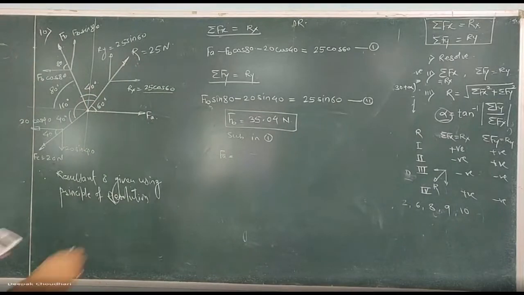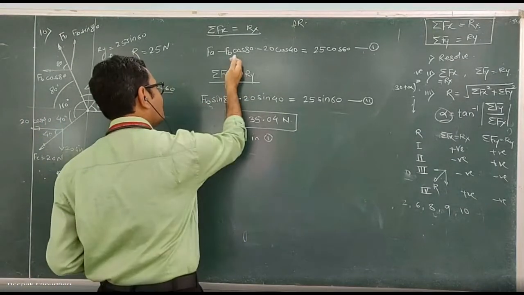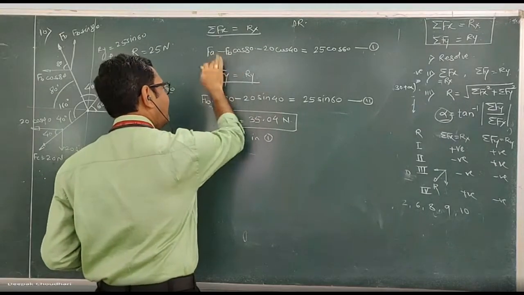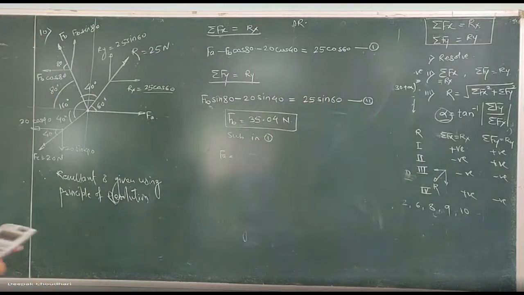And then substitute this Fb in this equation. Listen, अभी इतना practice होना चाहिए कि ये just substitute करो here and calculate the Fa. मतलब ये value इधर डालो, फिर से use करो solve function. Here I will consider Fa as x. So x minus 35.04 cos 80 minus 20 cos 40 shift equal 25 cos 60.